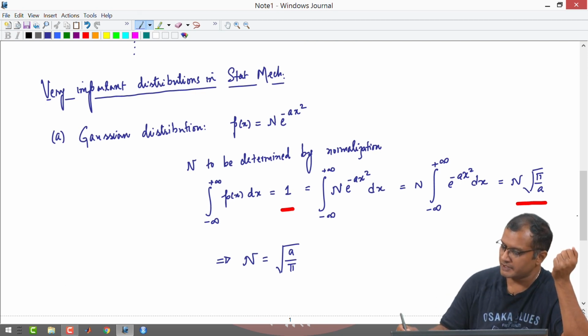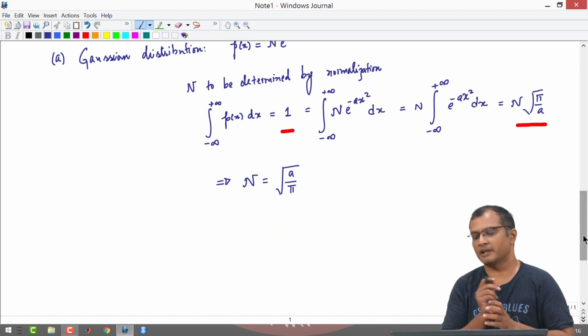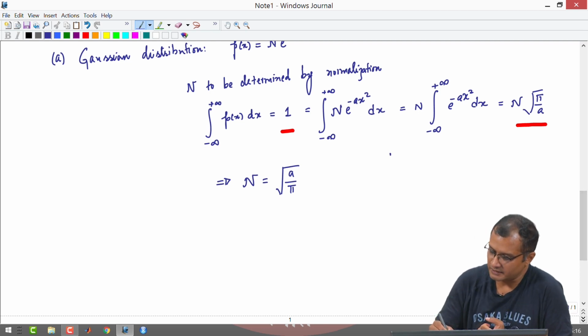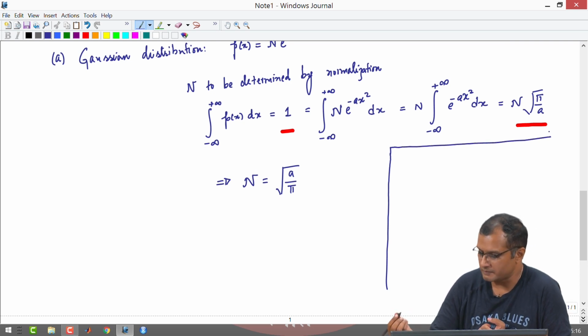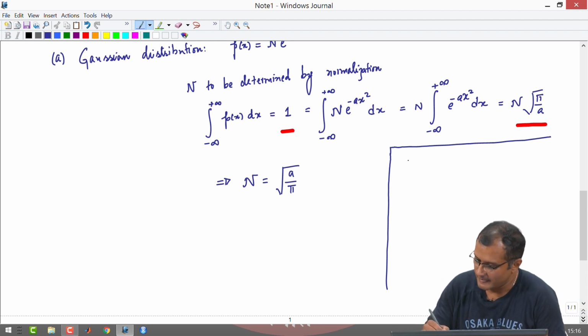Now, if you do not recall your Gaussian integral and you are wondering how I wrote square root of pi by a for the integral of e raised to minus a x square dx, this is a very simple calculation that you can do. So, this is just for those who do not remember this result of the Gaussian integral.